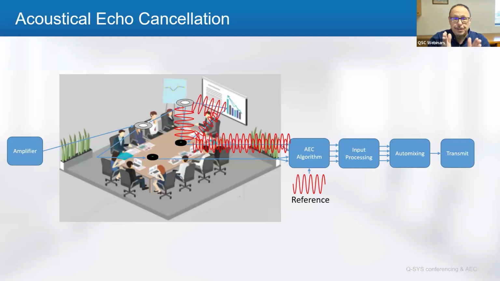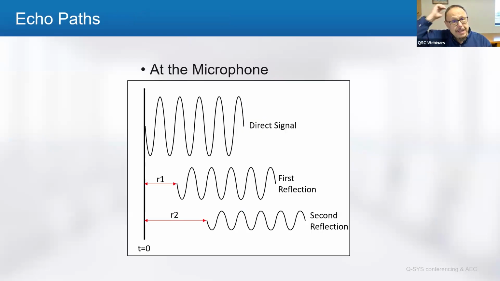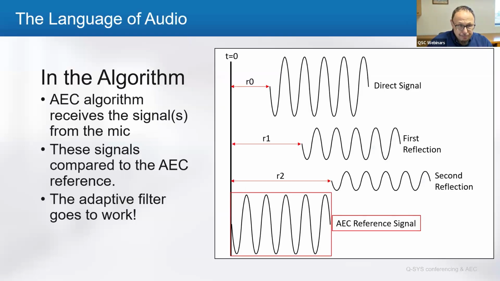So it's not like we can just immediately cancel this with a 180-degree out of phase signal. We actually have to do this over a given amount of time. It's very complex. But the AEC algorithm receives the signal from the mic, and then these signals are compared to the AEC reference that we provide. You can see in this drawing the different reflections at the microphone.